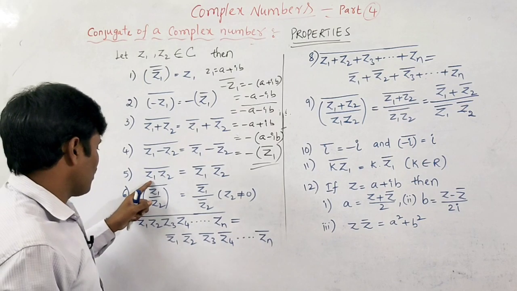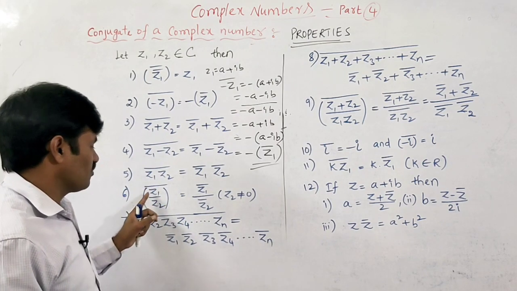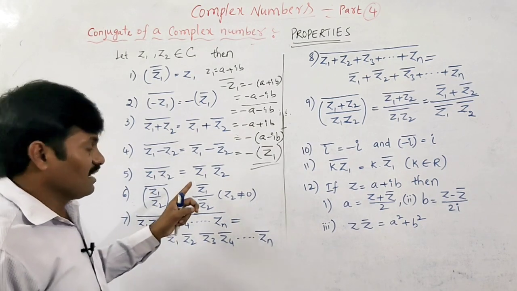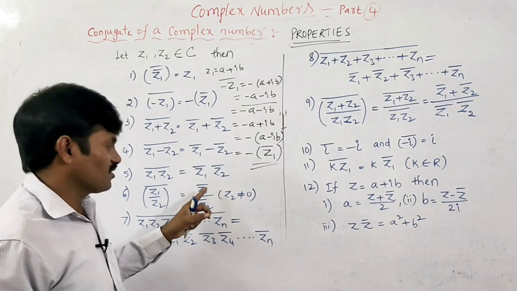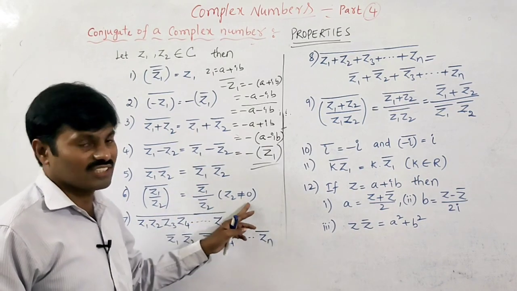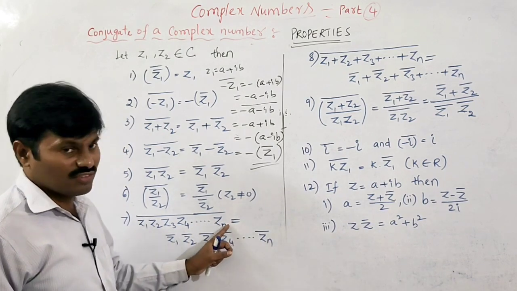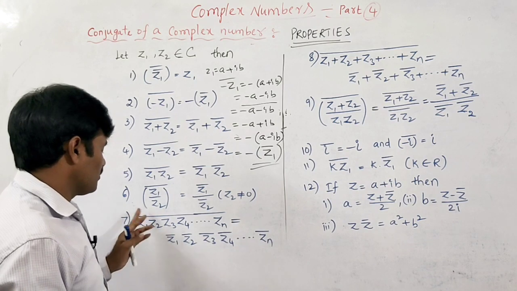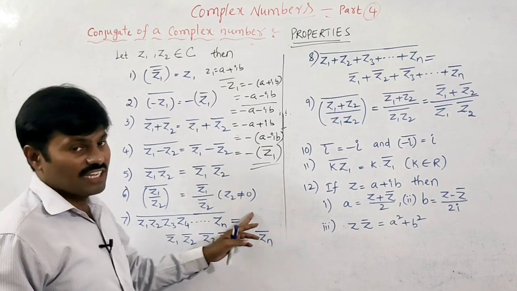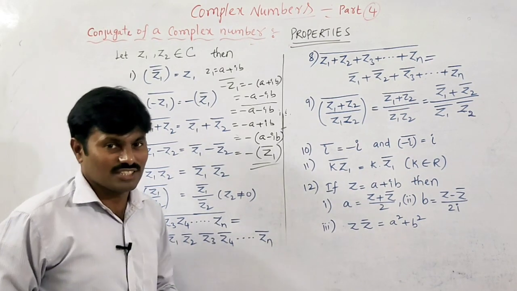In the same way, the conjugate of z1 by z2, if we take the conjugate of the division of two complex numbers at a time, is the division of the conjugates of those complex numbers individually, where z2 is not equal to 0. The product of all these complex numbers, if we consider them at a time, and if you find the conjugate of this product, will be equal to the product of the conjugates of those complex numbers individually.